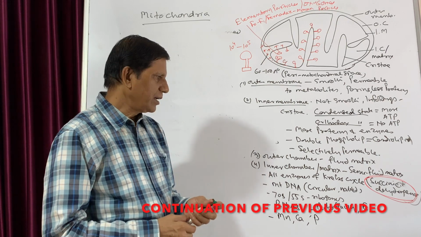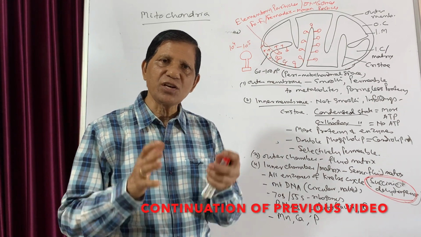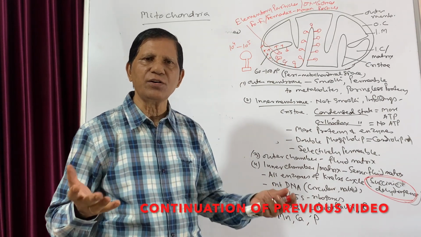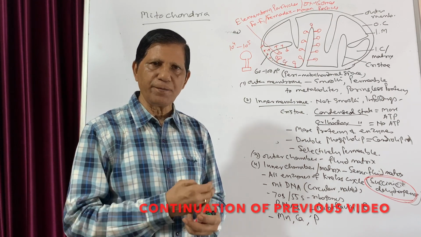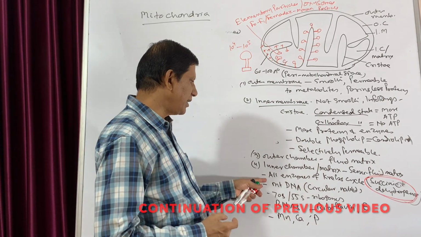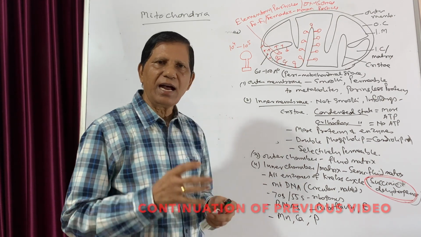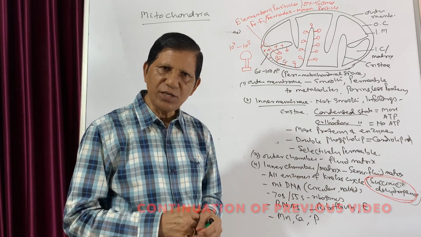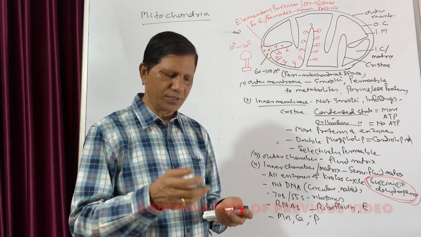That means mitochondria has a capacity of synthesizing some of the proteins by itself, though it cannot synthesize all the proteins. For most of the proteins, it depends on the nuclear gene. But since it contains DNA, RNA, ribosomes, it has the capacity of synthesizing some of the proteins by itself. That is why the mitochondria is semi-autonomous.